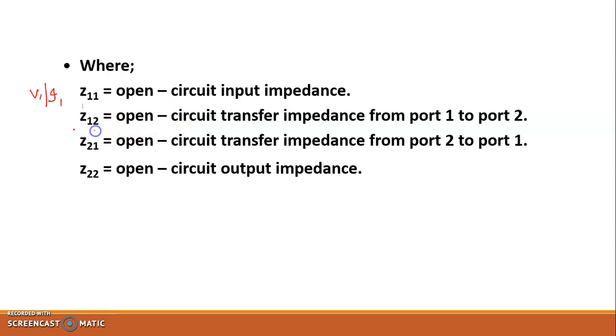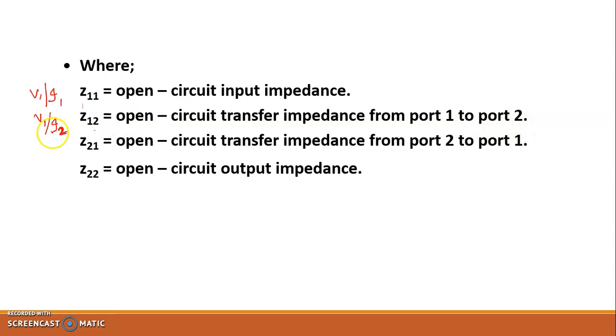And the second parameter is Z12. We know that it is a ratio between V1 and I2. That means due to the voltage in port 1 and due to the current in port 2, we will be getting the ratio Z12 is equal to V1 by I2, and therefore it is known as the open circuit transfer impedance from port 1 to port 2.